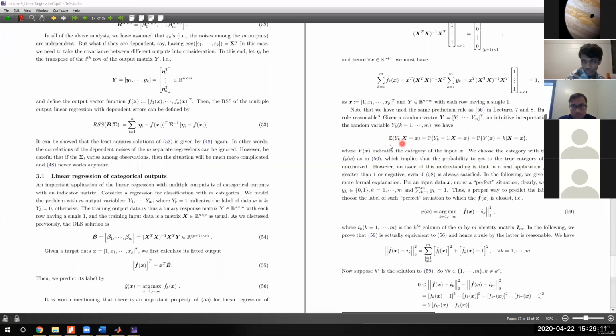The expectation equals the value of y times the corresponding probability. If y equals 0, you don't care what its probability is, because it's going to be 0. So this equals 1 times the probability that y equals 1 given x equals x, plus 0 times the probability that y equals 0 given x equals x, and finally equals the probability that yk equals 1 given x equals x.